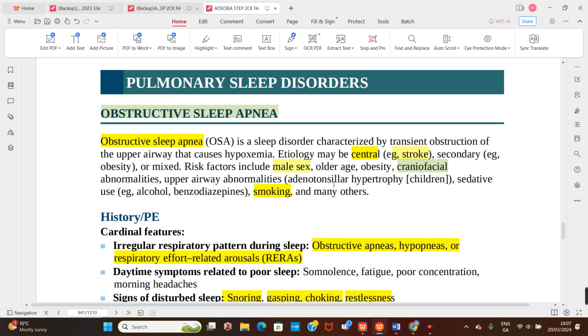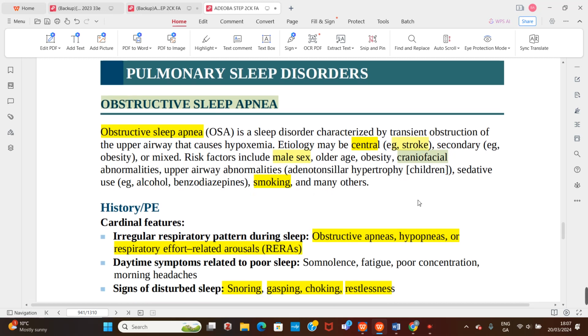Craniofacial abnormalities, people with macroglossia, people with crowded pharynx, they can have obstructive sleep apnea. People with adenotonsillar hypertrophy, people that use sedatives. So sedatives work together with the central cause. Then smoking, just like I explained, upper airway inflammation, mucus production.